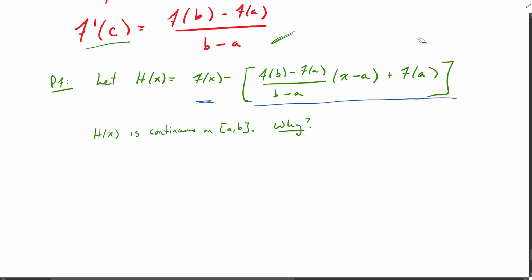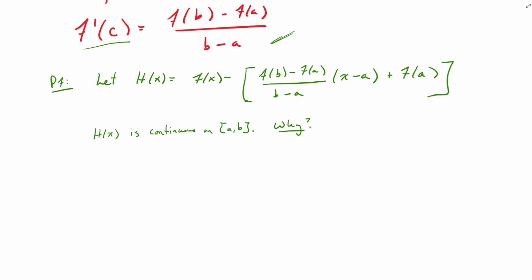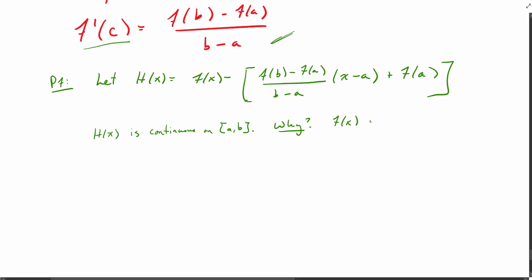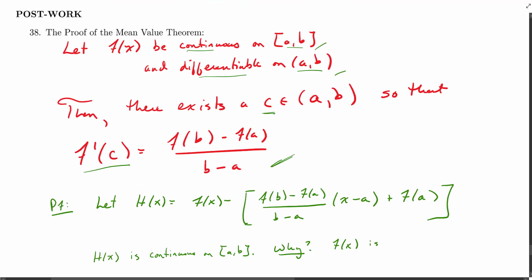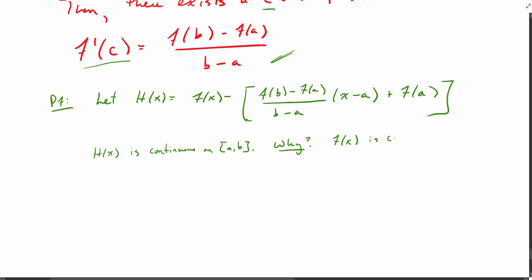So how do we envision h of x? We think of it as being the function f of x plus a line. Well, what do we know about f of x? Because we're meeting the conditions of the mean value theorem, we know f of x is continuous on AB. And we know that any line is continuous on AB.